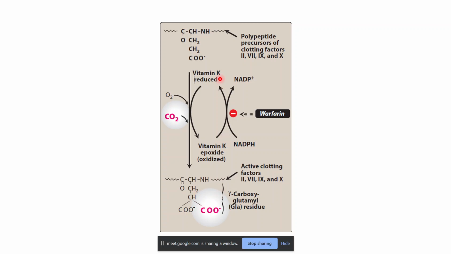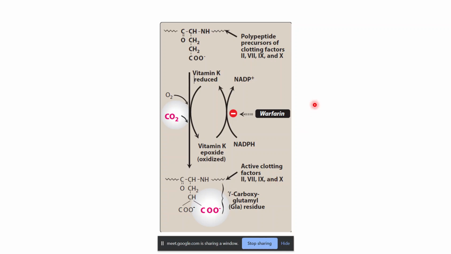This process is facilitated by vitamin K, which is a coenzyme. After that, the vitamin K is oxidized, and then it is reduced by NADPH, but this reduction is inhibited by warfarin, and that leads to the depletion of the activated clotting factors. Because of this mechanism, the action of warfarin starts in several weeks.